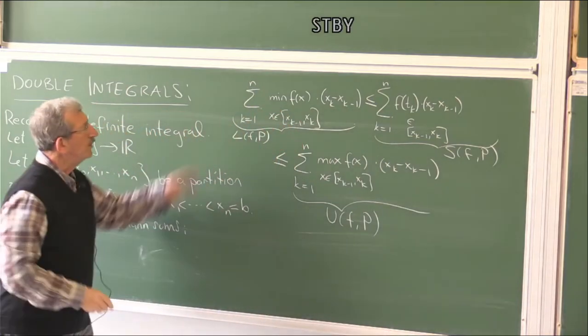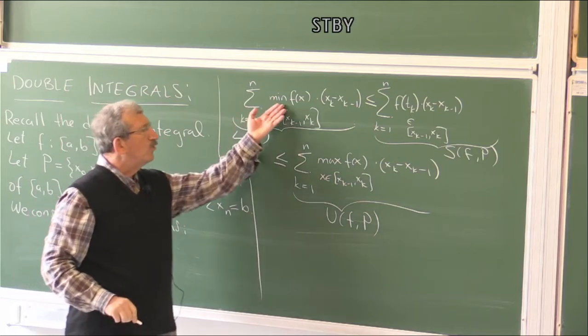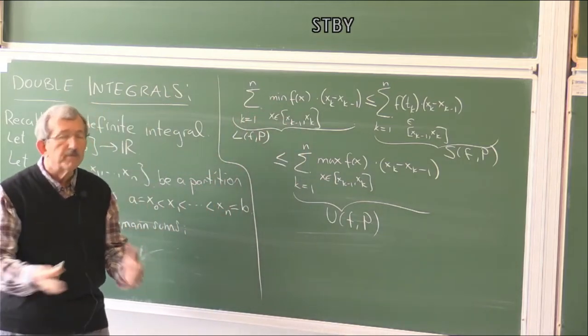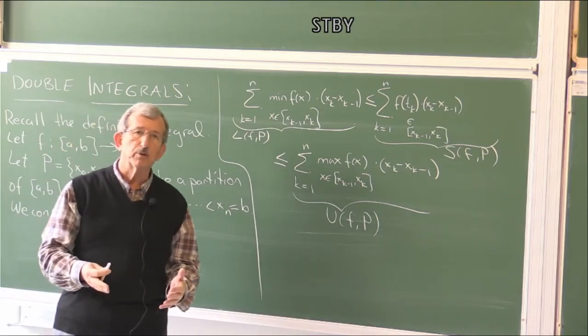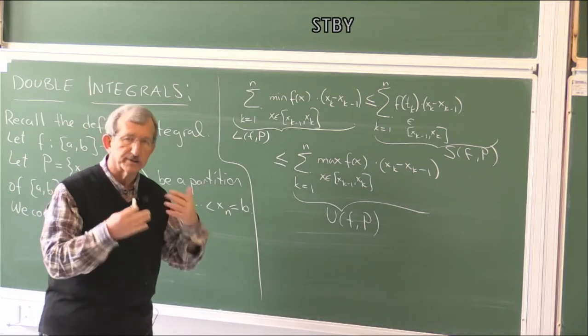Now, in this formulation, certainly the minimum and maximum values of f may not exist, even if f is bounded, but we are sure if f is continuous, they do exist.